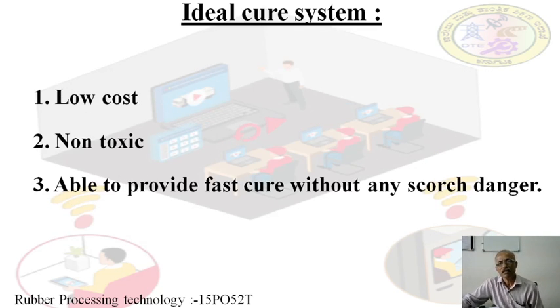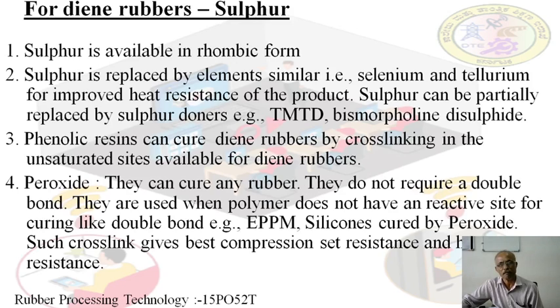So, the ideal cure system: first, low cost; second, non-toxic; third, able to provide fast cure without any scorch danger. For diene rubbers, sulfur. First, sulfur is available in rhombic form.